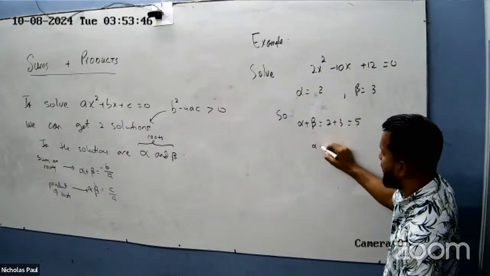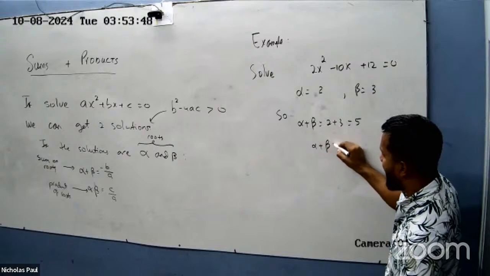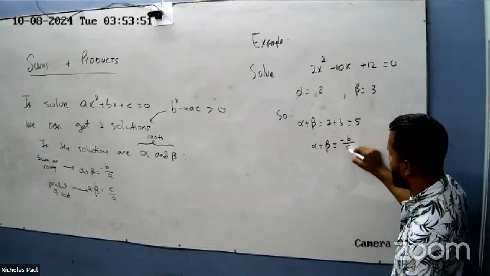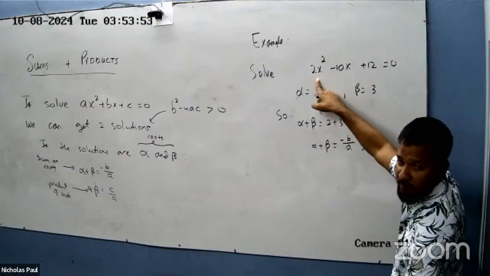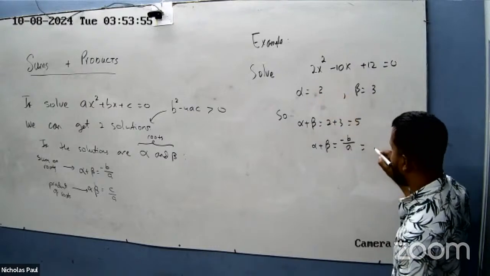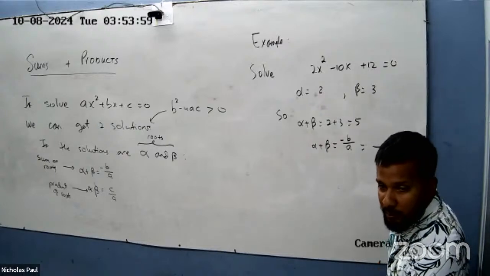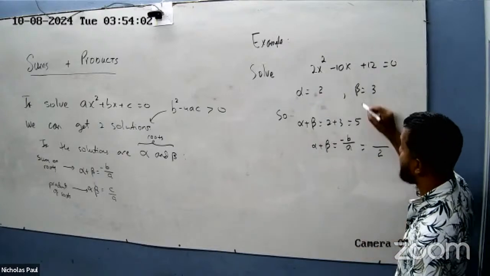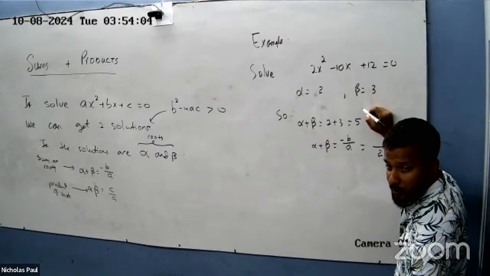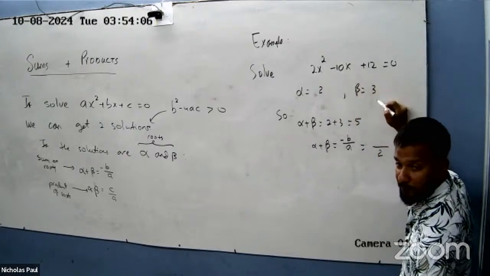And I also said that alpha plus beta is minus b on a. What is a again? A is 2. What is b? You just get a, b, and c from it.